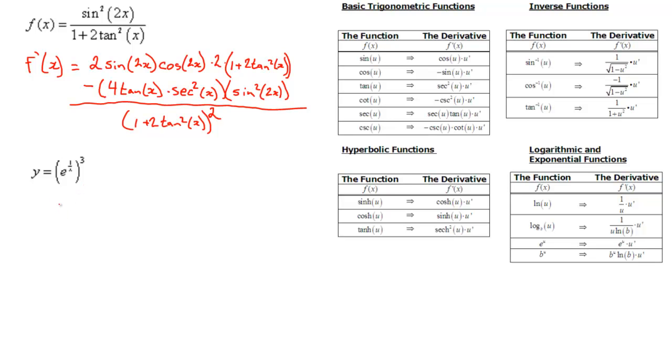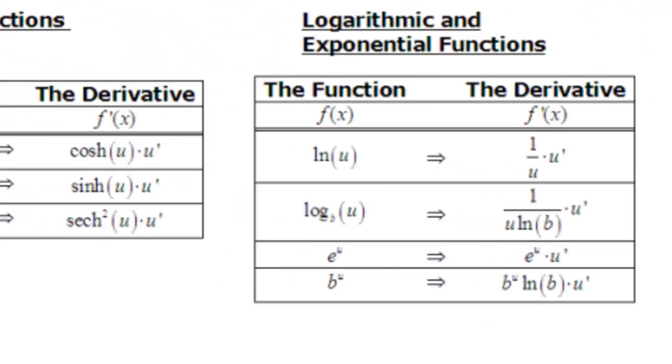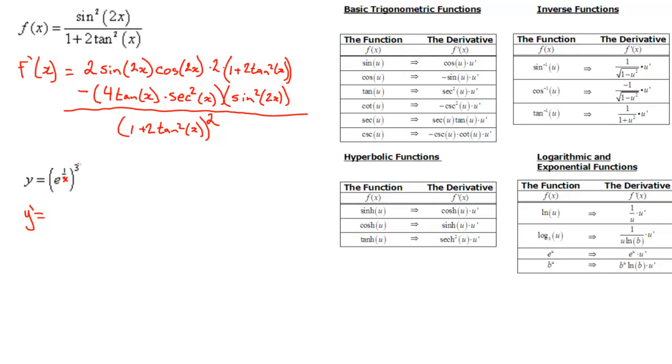The next example we're going to do is y equals e to the 1 over x, all to the power of 3, so this is 1 over x here. And if we take the derivative, then we need the rule for an exponential derivative. So the derivative then, we can actually do this first by simplifying and writing this as e to the 3x to the minus 1.